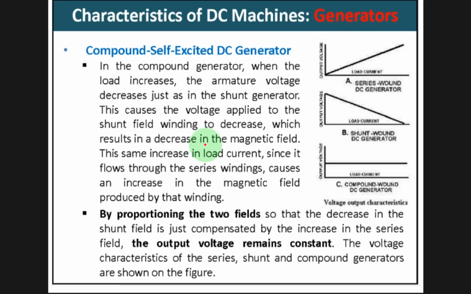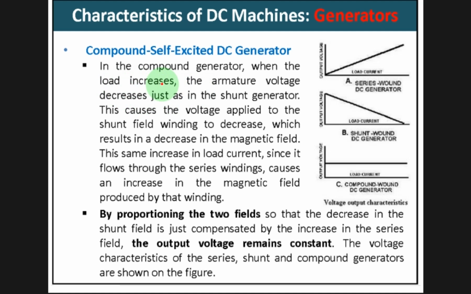So it will decrease the magnetic field, right? But the same increase in load current flows through the series winding, because here we are talking about the increase of load.